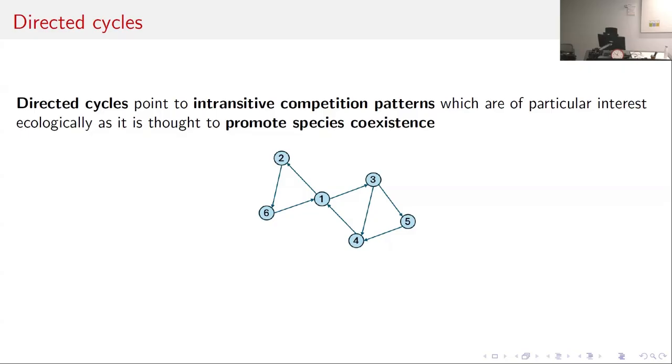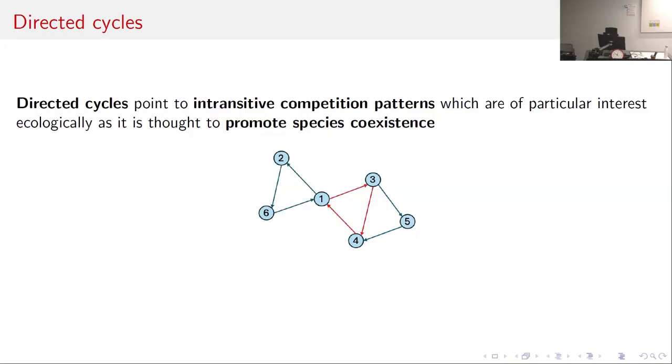So it's thought to promote species coexistence because of that. For example, in this network, there is a directed cycle between nodes 1, 2, 6, and 1. If we think of these nodes as species, there is no species outcompeting any other species. So there is this cyclic formation.